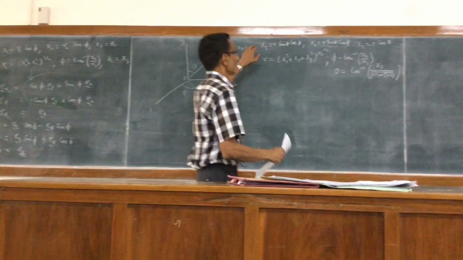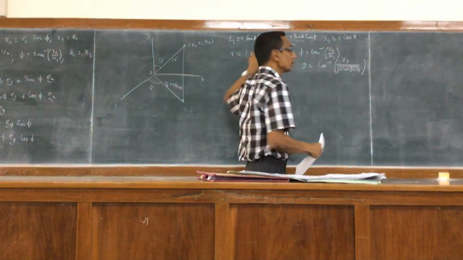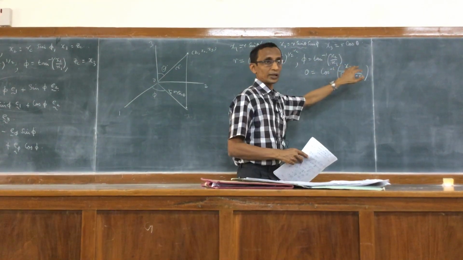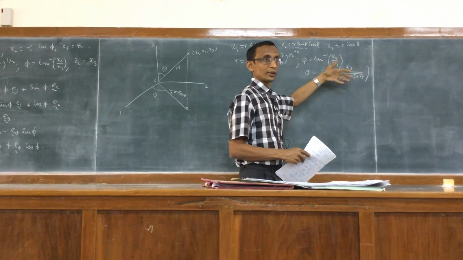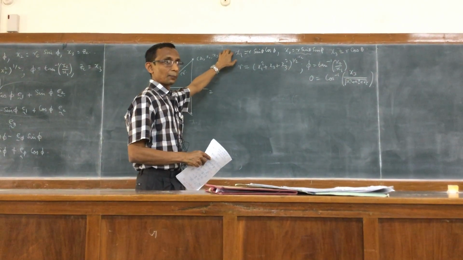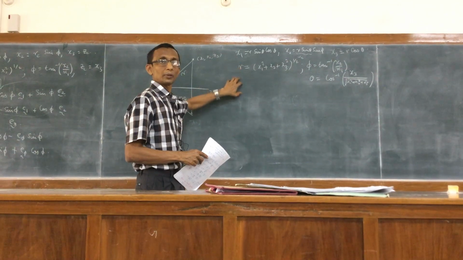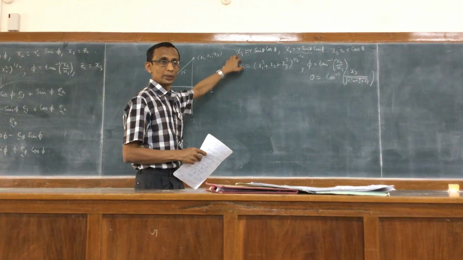One, we have x1, x2 and x3 in terms of r, theta and phi. The other one gives r, phi and theta in terms of x1, x2 and x3. So again the same procedure will apply to get the a1, a2 and a3 from this, or b1, b2 and b3 from this.